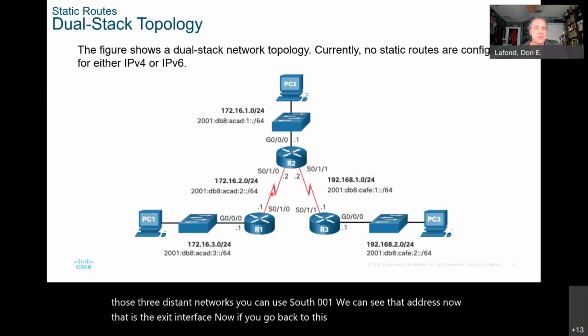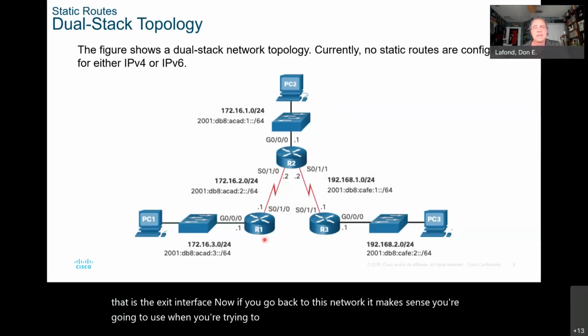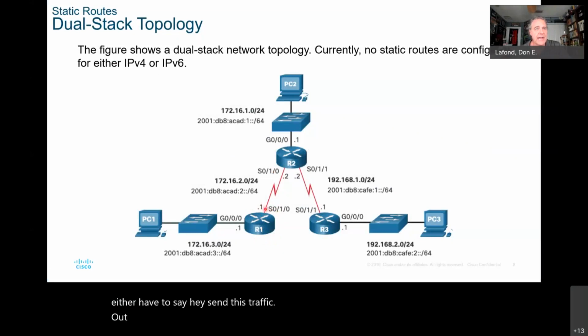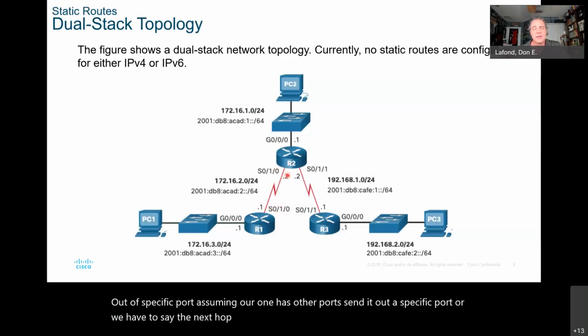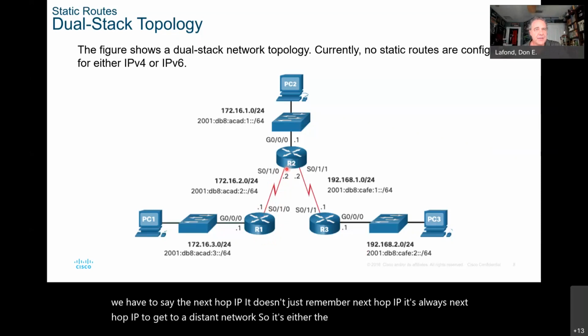When you're trying to tell R1 how to get to a distant network, we either have to say, send this traffic out a specific port, assuming R1 has other ports, or we have to say the next hop IP. Just remember next hop IP. It's always next hop IP to get to a distant network. So it's either the exit interface, the next hop IP, or both.